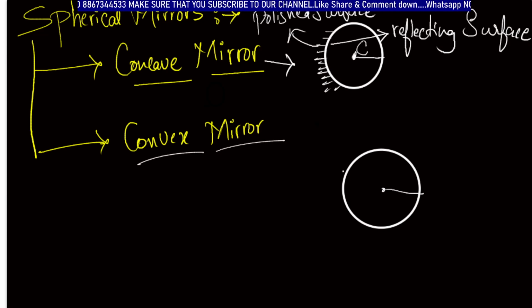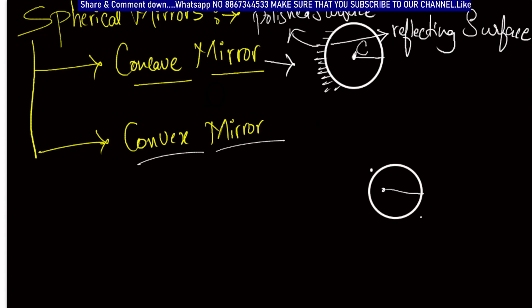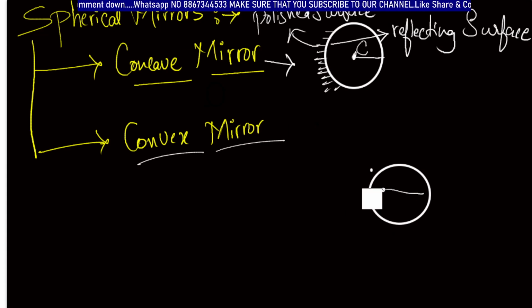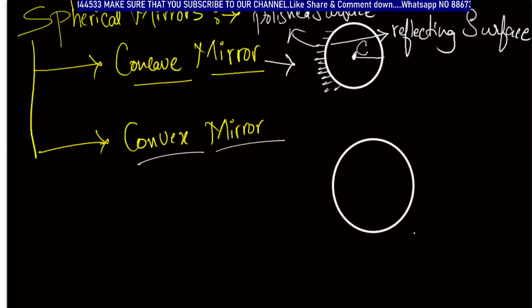So in case of convex mirror, the reflecting surface is always away from the center of the sphere. So this is a sphere.